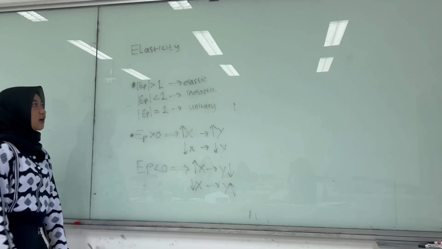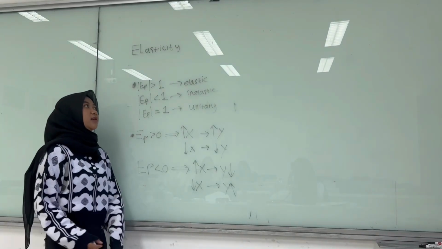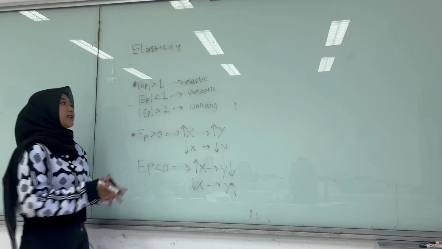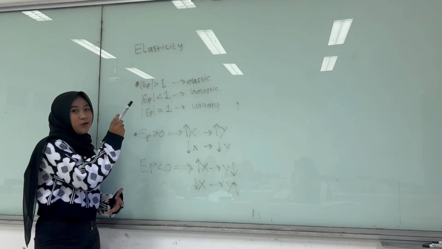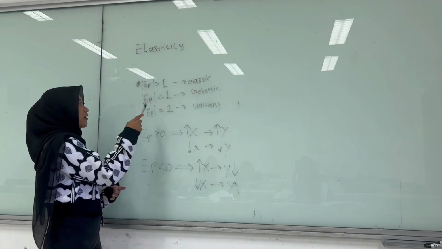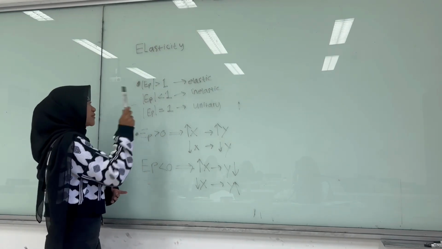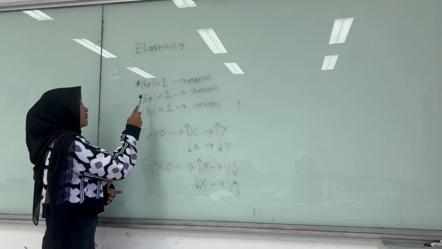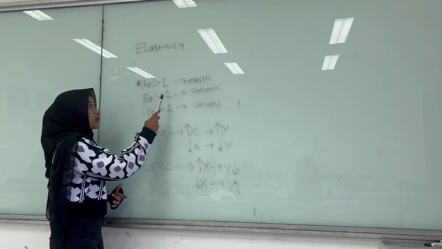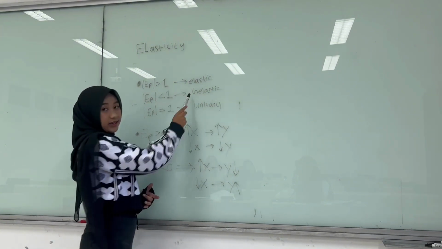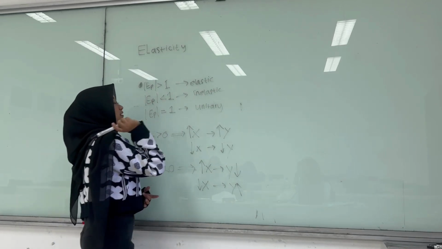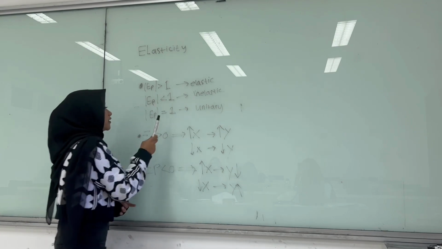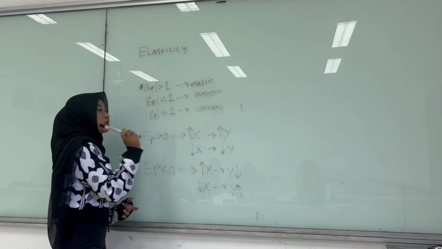Next is how to determine whether it is elastic or inelastic. We use the E_P. We find the absolute value of E_P. If it's more than 1, it means elastic. If it's less than 1, it's inelastic, and if it's equal to 1, it's unitary.